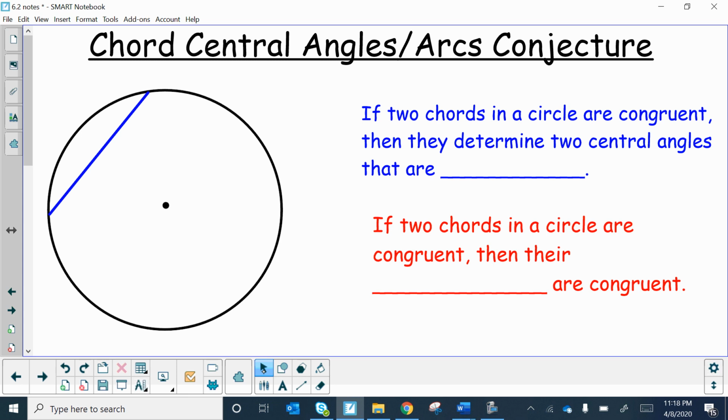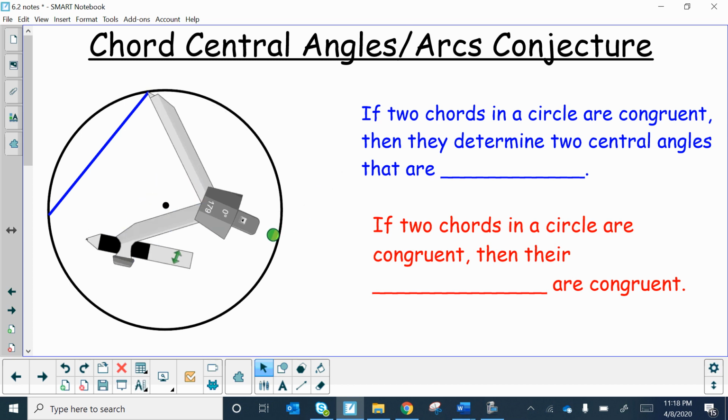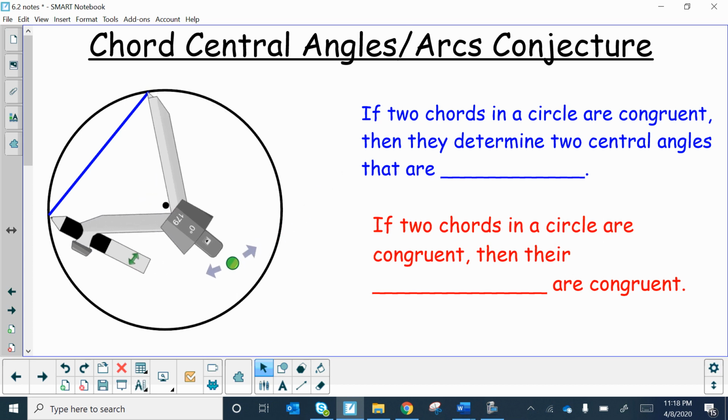In order to do that, you can either use your ruler or you can use a compass. So I'm going to use my compass to make sure that these two chords are identical in size. Okay, so I have the exact size right there.